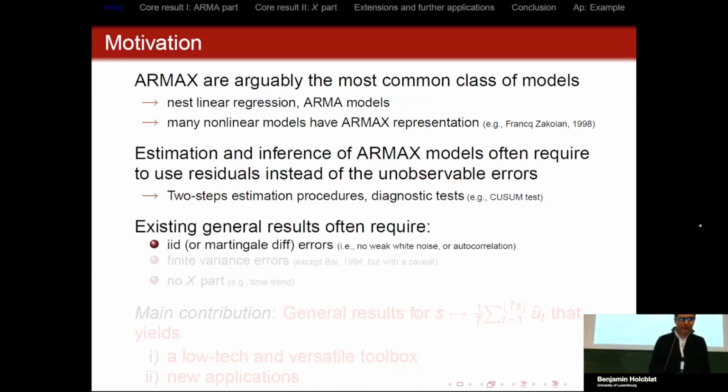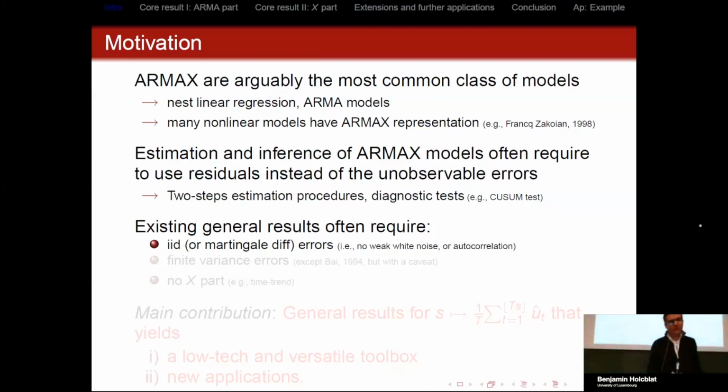Regarding that, there are several results in the literature. Actually, there are many of them. But the results that I know, they often make quite strong assumptions on the errors. Actually, they make standard assumptions. So the basic results assume IID or martingale difference, but to my knowledge, there is no result when, for example, you allow autocorrelation in the error terms, which you get when you use the ARMAX representation, or even if you just assume weak white noise.